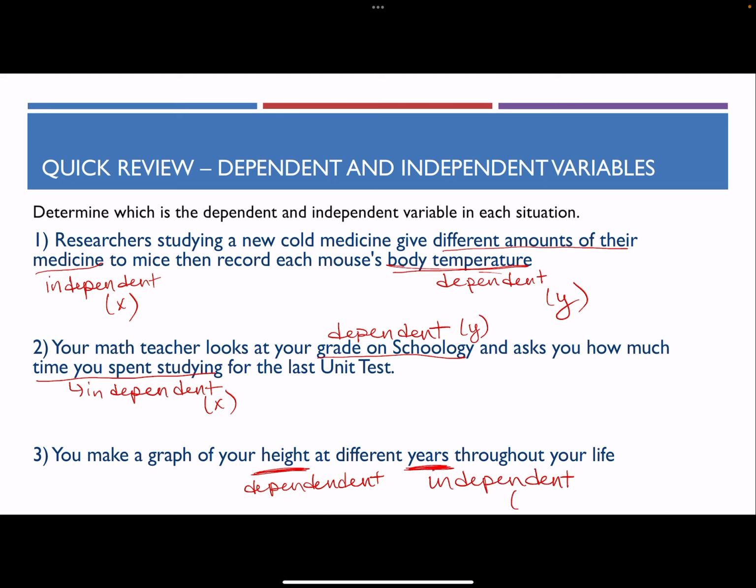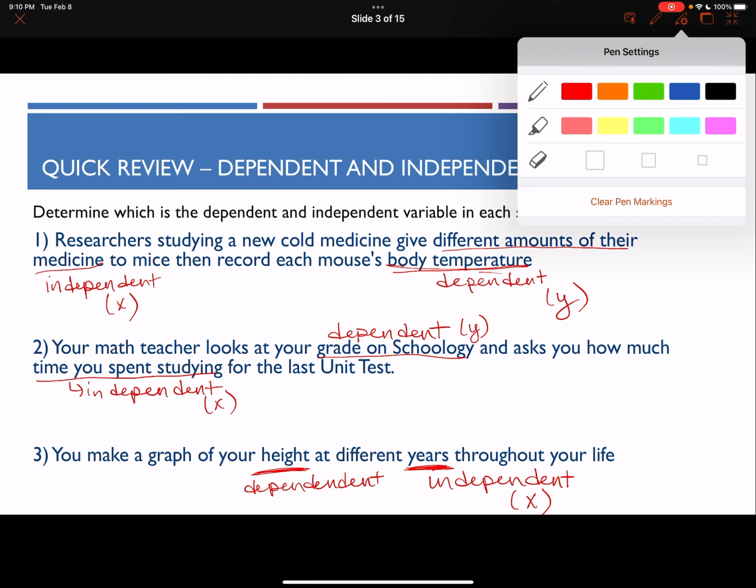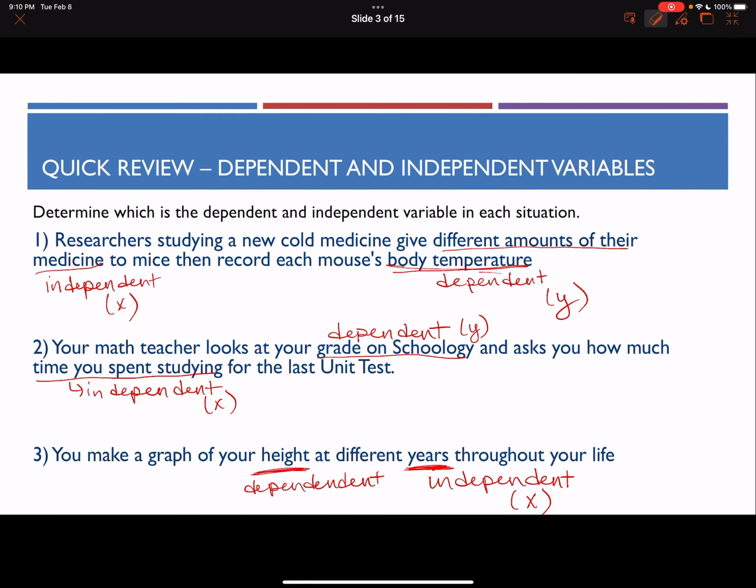And so your age is your X variable and your height is your Y variable. I just realized I spelled this wrong. Dependent. Right? All right.